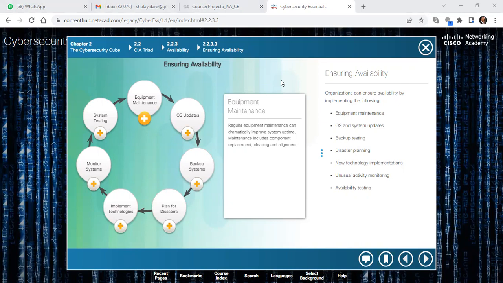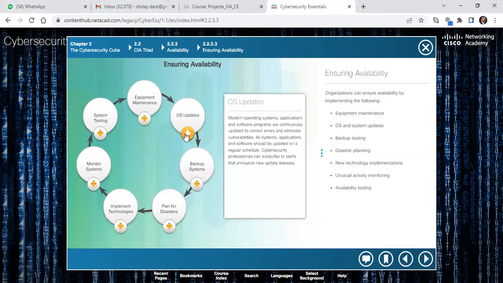So that's number one. Then OS and system updates. Modern operating systems, applications and software programs are continually updated. When you have a computer or a system in your office, as a cybersecurity person, make sure you update the operating system, because many of the software programs created today require an updated operating system.